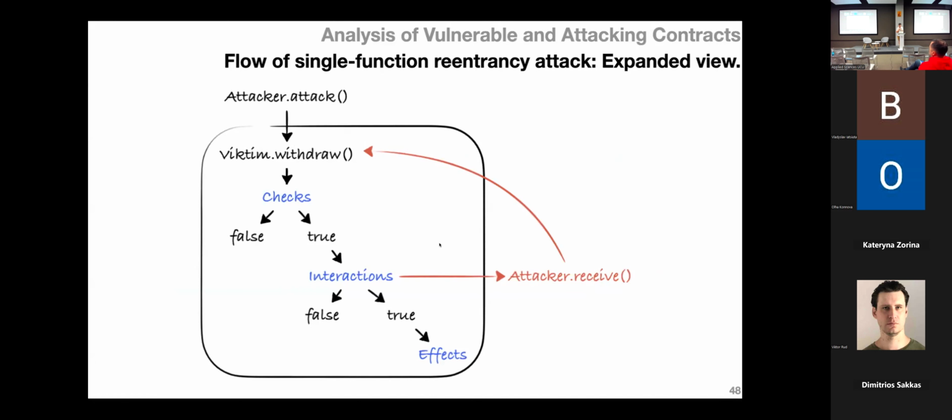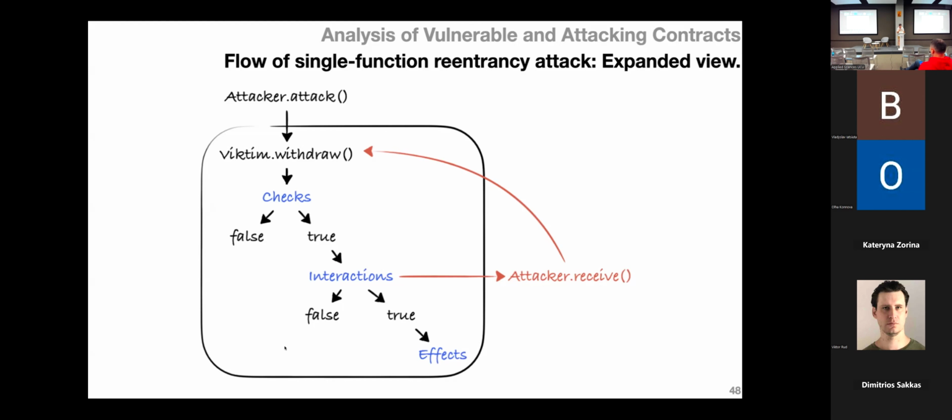And step 3, when victim withdraw calls the caller, the receive function acts as a malicious component of the attacker contract. When victim withdraw attempts to transfer the requested funds to an address, the execution flow falls into the receive trap.